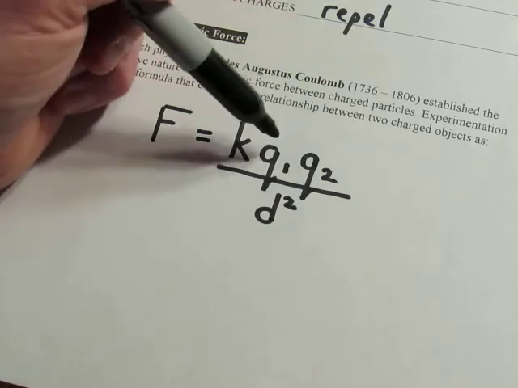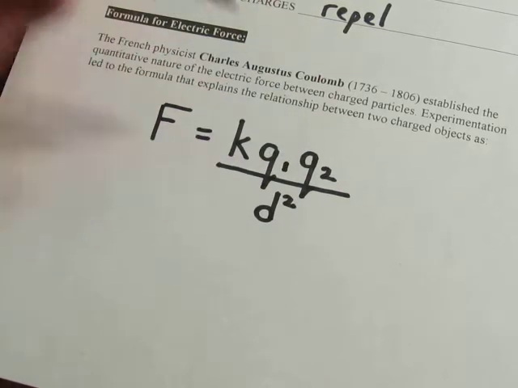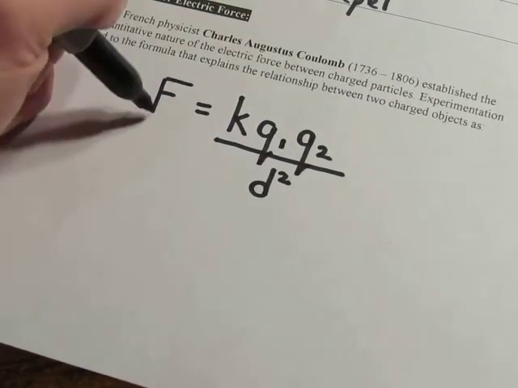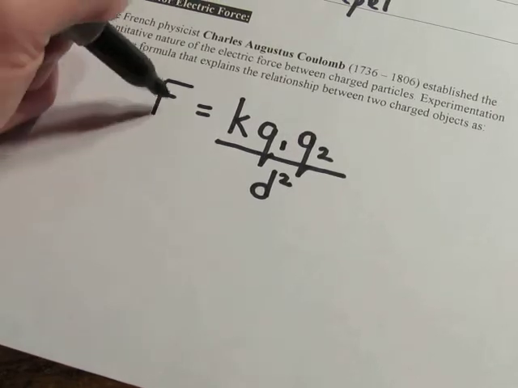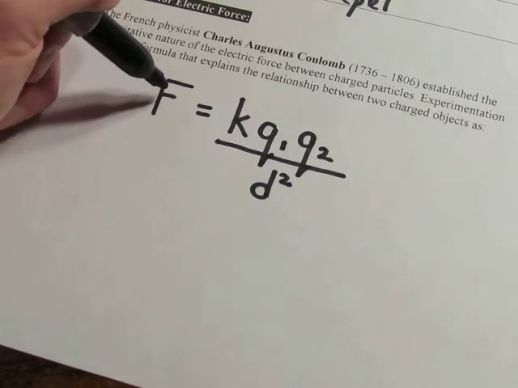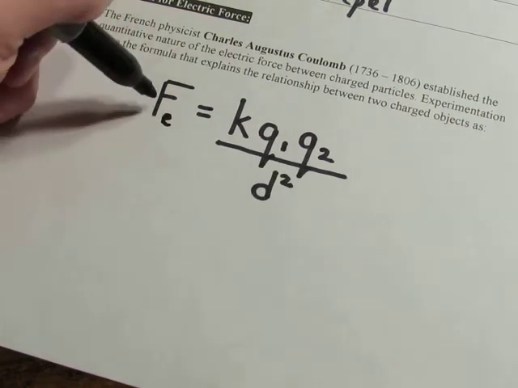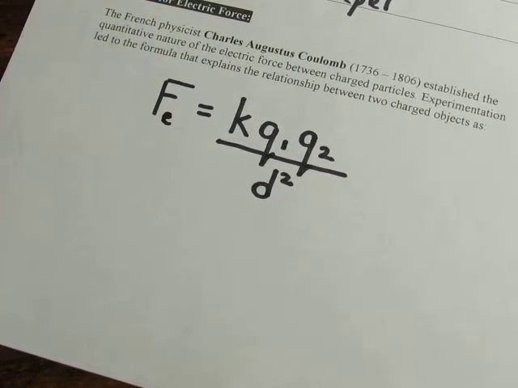And instead of masses, we have charges. Lowercase q is the variable for the charge on whatever object is in the question, and there will always be two objects. As usual, the left-hand side of this formula, capital F, don't leave it as a capital F only, because there are so many different kinds of forces. Let's put a little tiny E in the bottom corner here, just to indicate that this is electric force.